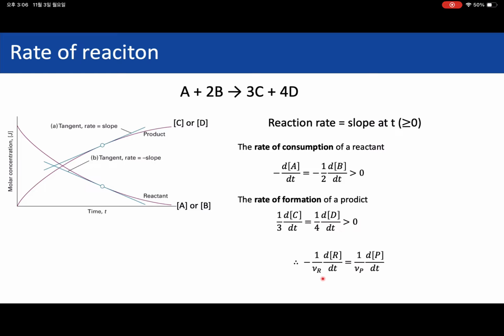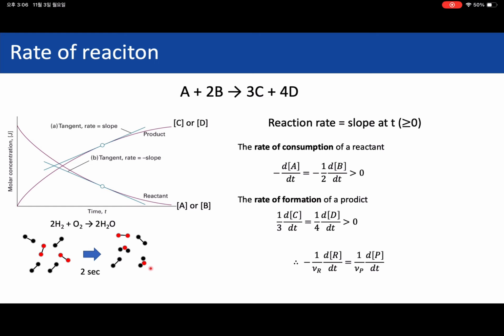So why do we have this 1 over stoichiometric factor here? Let's consider a hypothetical reaction between hydrogen and oxygen molecules. Let's say 2 moles of hydrogen gas react with 1 mole of oxygen to form 2 moles of water.